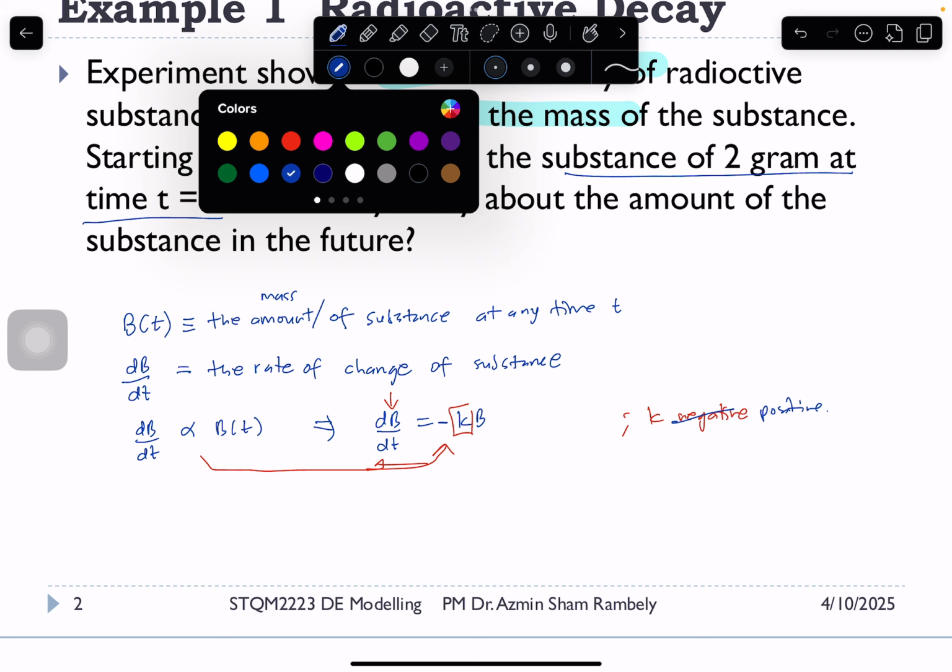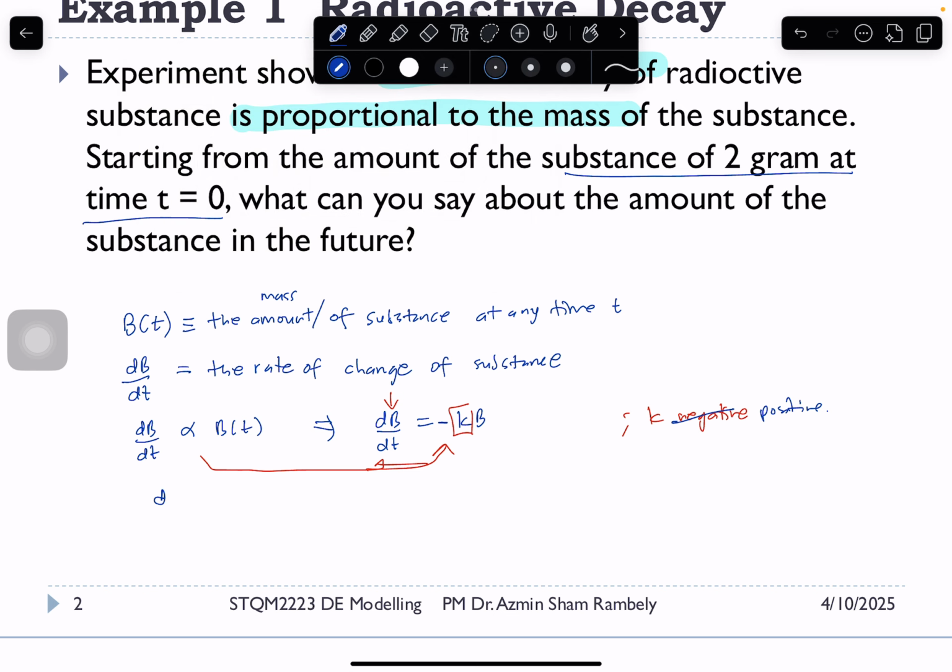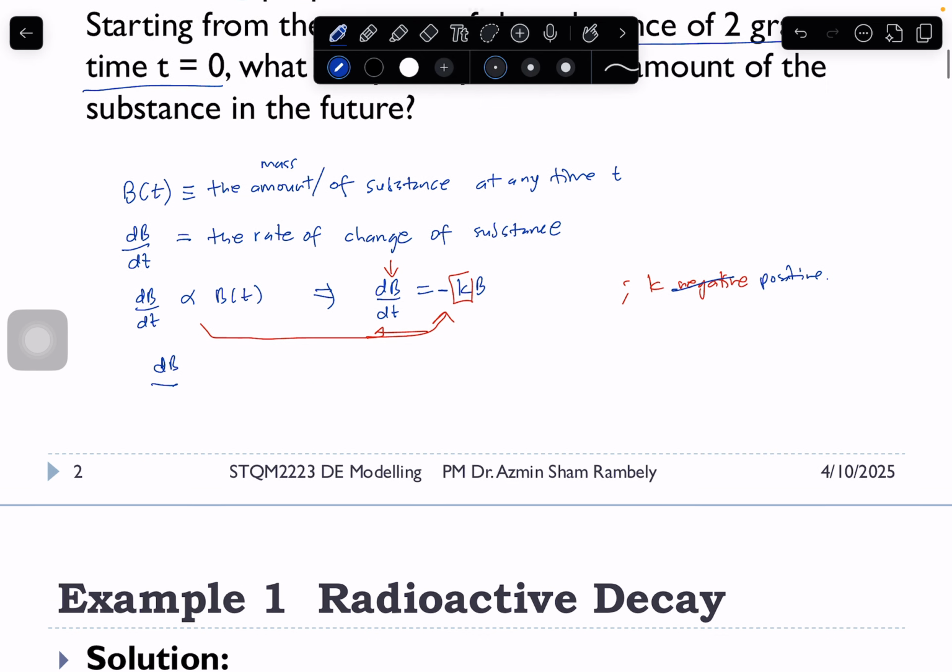You can change it into the general form of a first order differential equation. So we have dB/dt, minus KB put on the other side, so plus KB equals 0. This is a first order ordinary differential equation, which is linear, and you should be able to solve this.